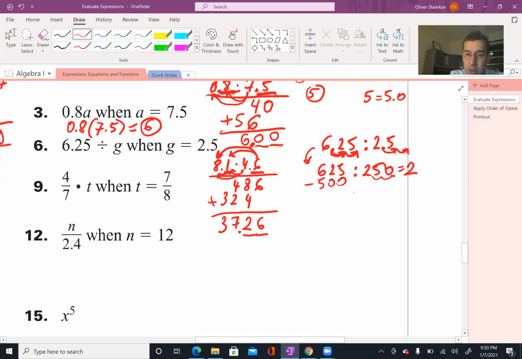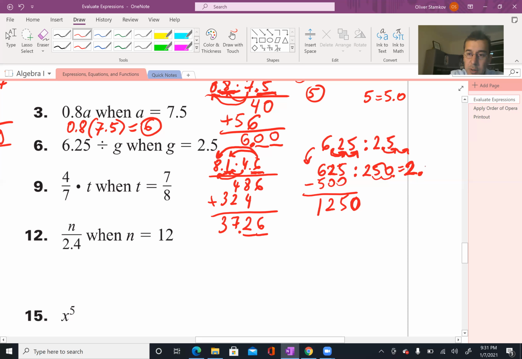So now we do subtraction, right? 5 minus 0 is 5, 2 minus 0 is 2, and then 6 minus 5 is 1. Now 125 does not fit in 250, so we have to add a 0 here, but when we add a 0, you have to add a period in the final result.